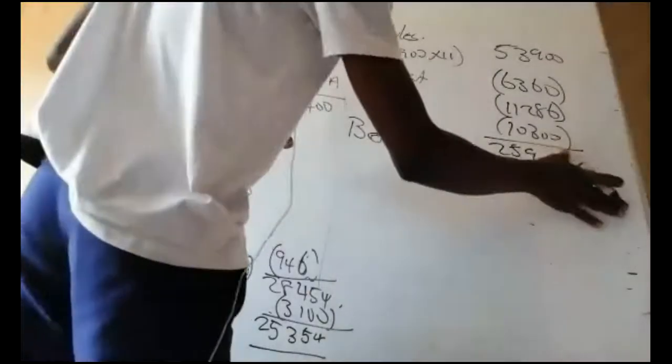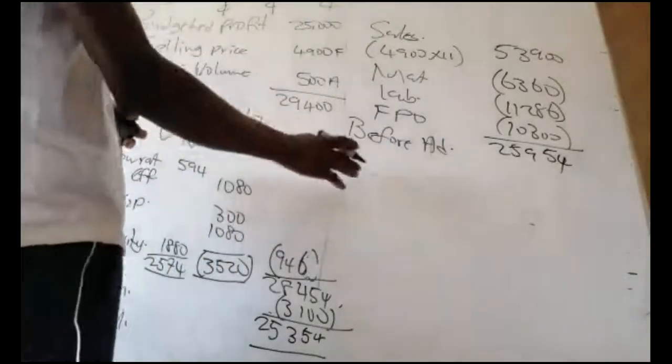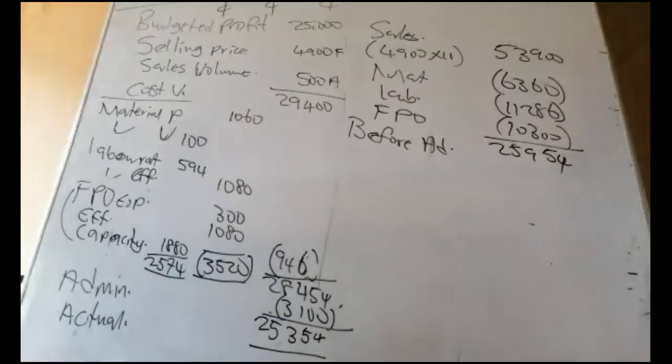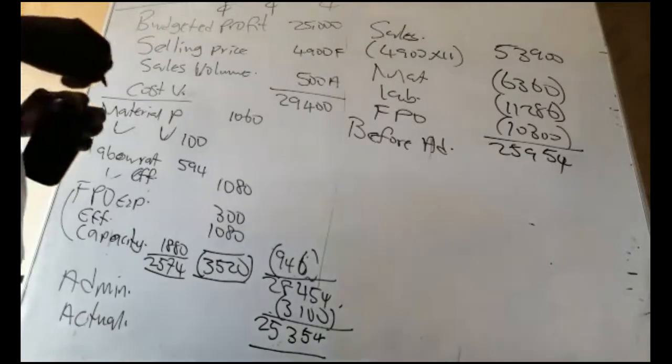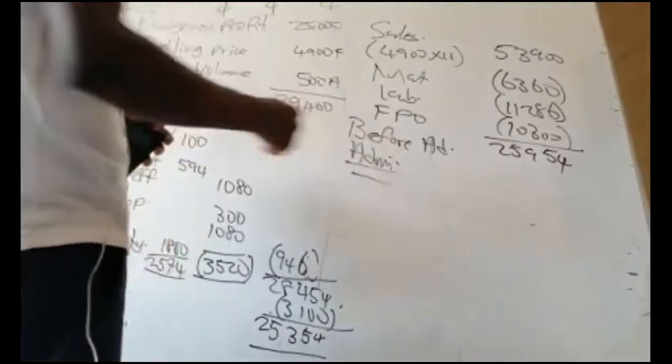29,954. Good, 954. Then you less the actual. You less the actual admin cost. So what's the administrative cost?